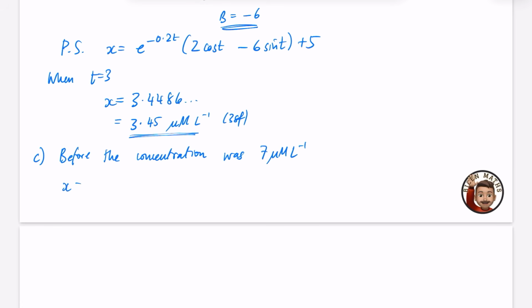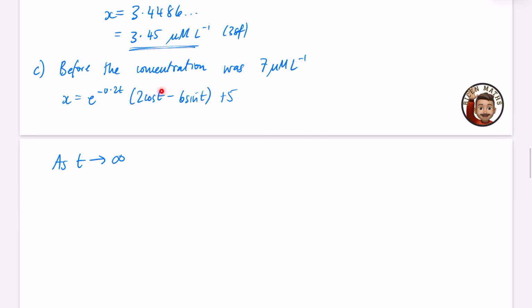Let's have a look. We have this equation, x equals e to the minus 0.2t, 2 cos t minus 6 sine t plus 5. Let's think what happens as t goes to a big value. What happens as it kind of settles in the future? Now, this is going to be a trig function, right? If you combine these using the harmonic identity, as t goes to infinity, it's constantly varying up and down.